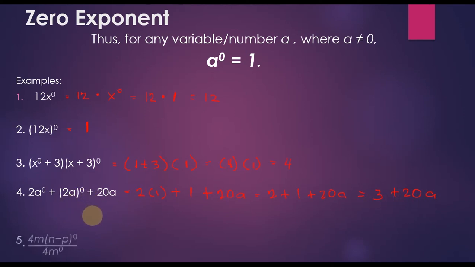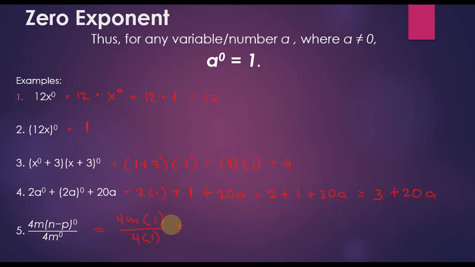Last example, we have here 4m, and then this whole expression n minus p is raised to 0. So it means that is equivalent to 1, all over 4. And then here m is the only base of our 0. So that will be changed to 1.